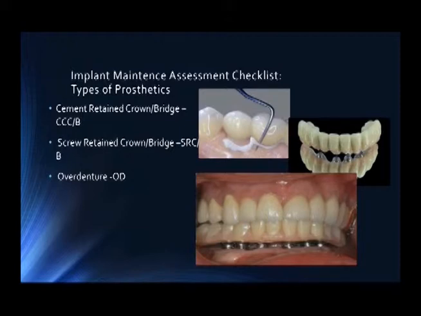Or if it's a cement retained crown or bridge, is there cement around the neck? Or is it an overdenture and perhaps the little rings need to be replaced? There are many types of prosthetic devices that you're going to be seeing, and you need to know how each one of them works. Then we need to go back to our gingival evaluation.